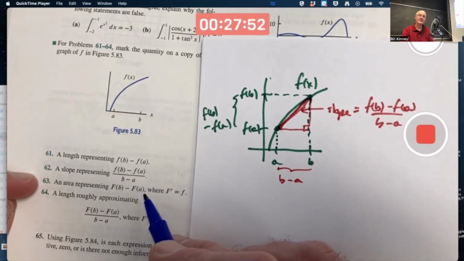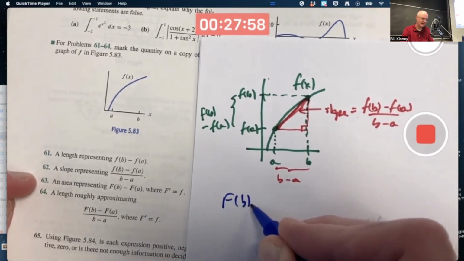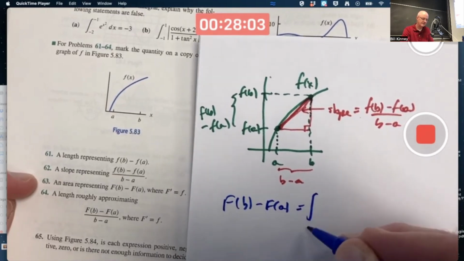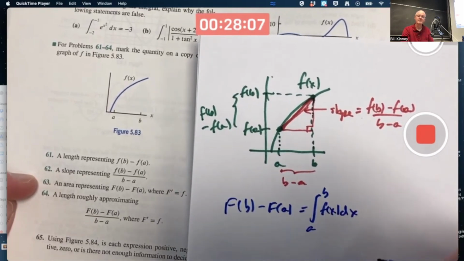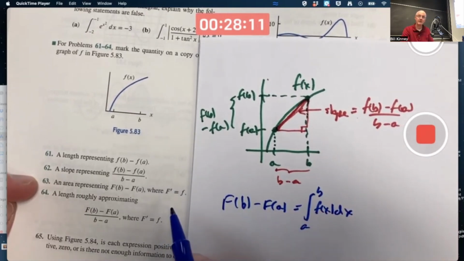Oh, that looks like what you get from the fundamental theorem of calculus, right? Yes, and that's true. Capital F of b minus capital F of a, by the fundamental theorem of calculus, is the integral of little f over the interval, because capital F is an antiderivative of little f.